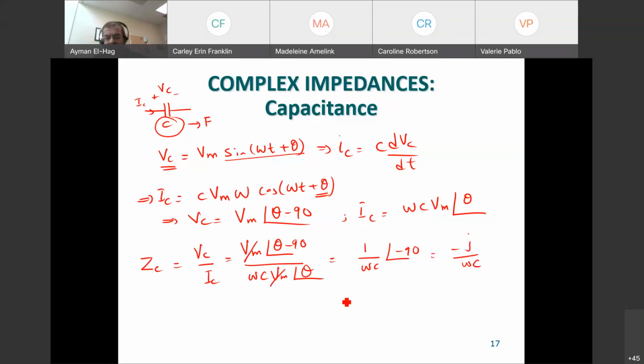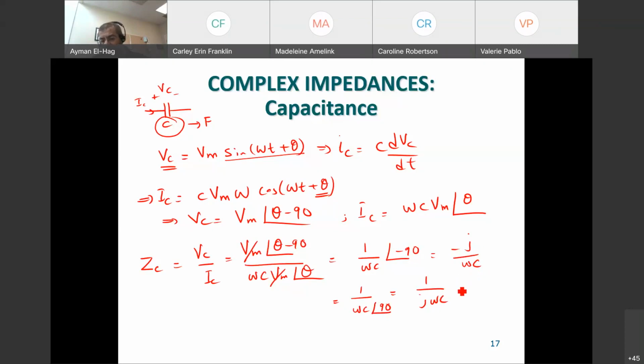Or sometimes we will say this, okay, this is 1 over omega C, and take this down to the denominator. So this becomes 1 over j omega C. So it's either 1 over j omega C or minus j over omega C. But we always prefer to have the j in the numerator.